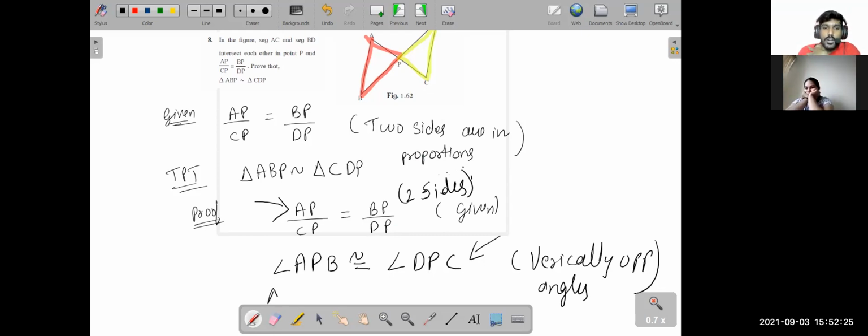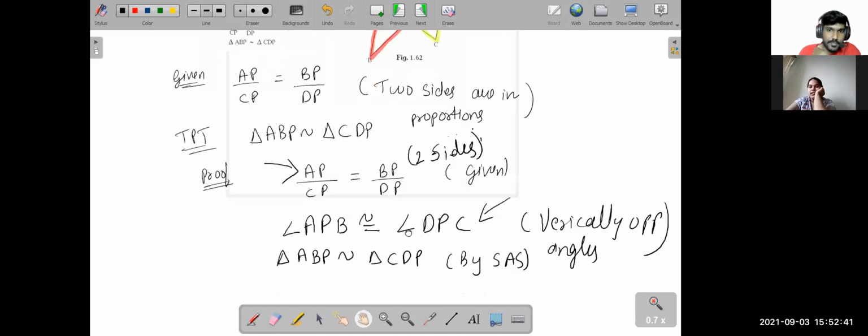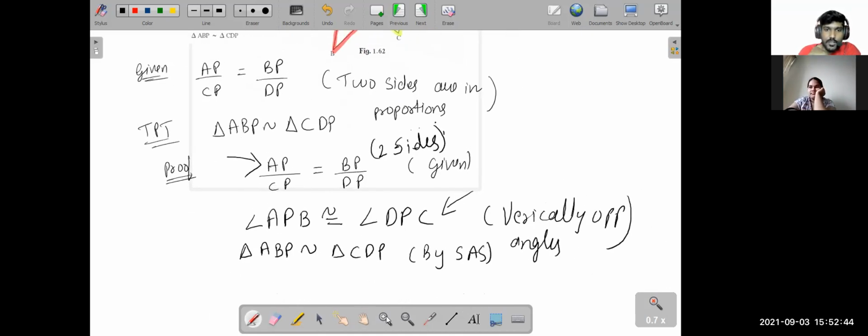So the triangles will be similar by which test? By SAS test of similarity. We have proved two sides and one angle. That is why side angle side test of similarity.